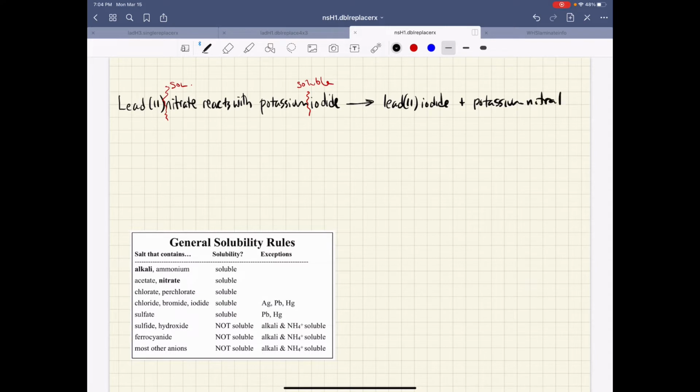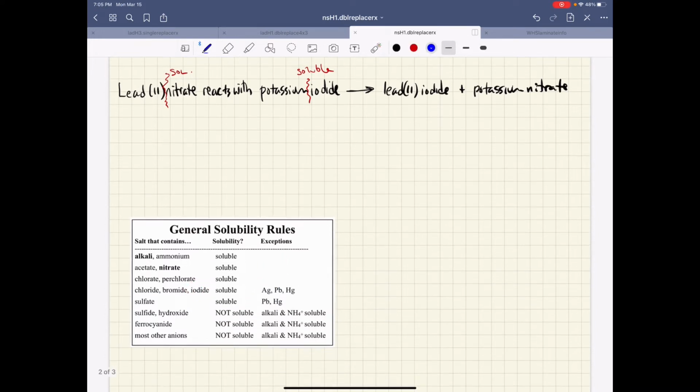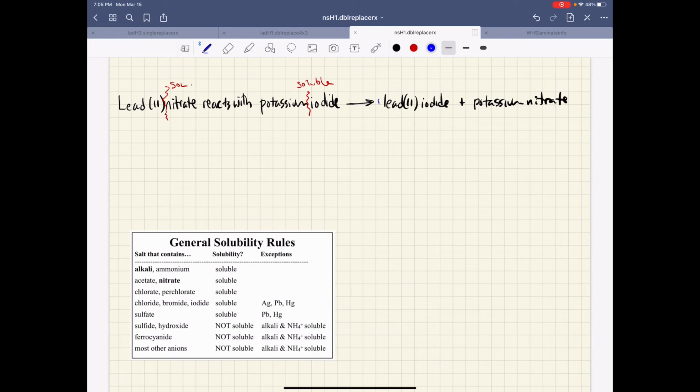nitrate. And now step 3, we need to look up the solubility of these two chemicals. Well, lead 2 iodide. Iodides are generally soluble except with lead. So that means that this lead iodide is going to be not soluble.